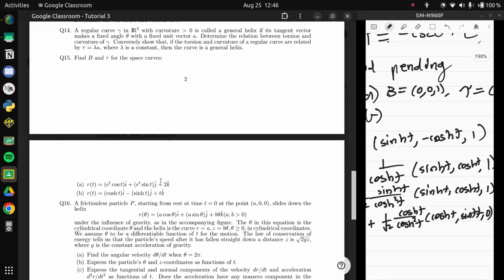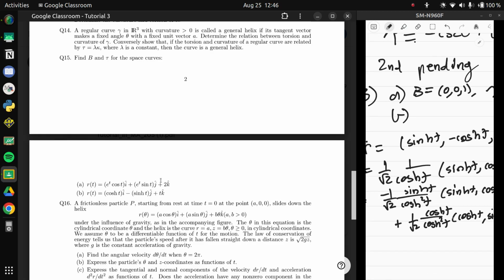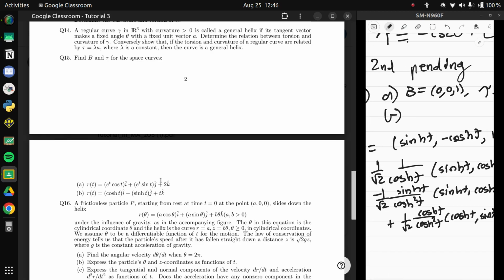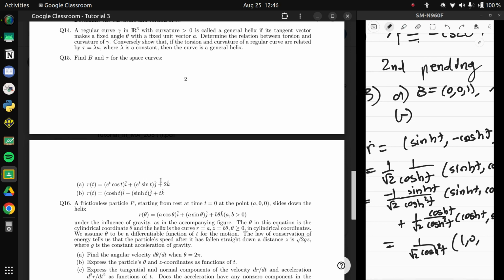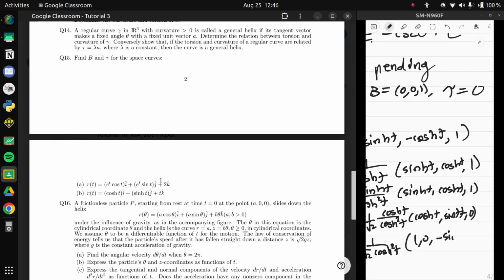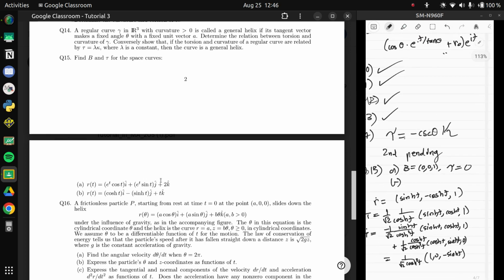So sine square of h t, negative cosine square of h t, what's that? That's just gonna be 1. So it's like 1 upon square root of 2 cosine h squared t. This thing is just 1. Now, this just cancels. This is 0, 0, not 0. That's a 0 over there. This thing is minus sine h t. Yeah, that's just how it is.